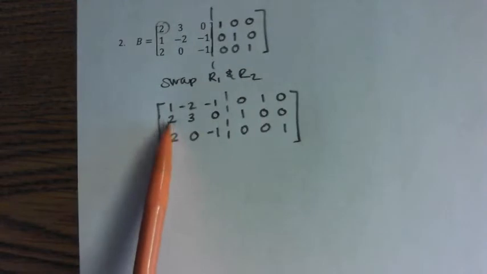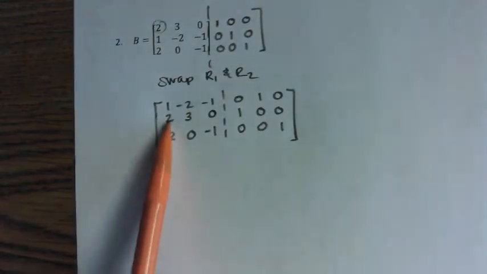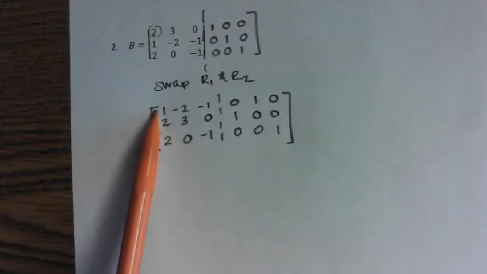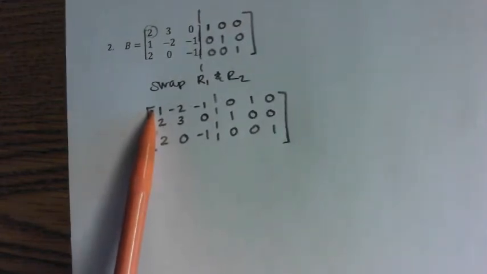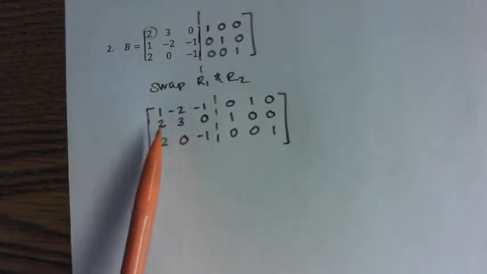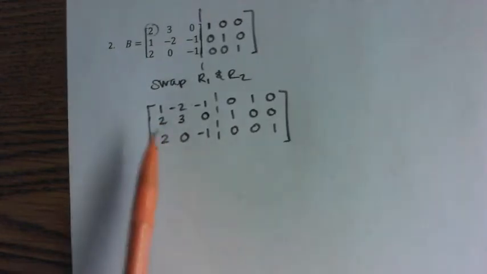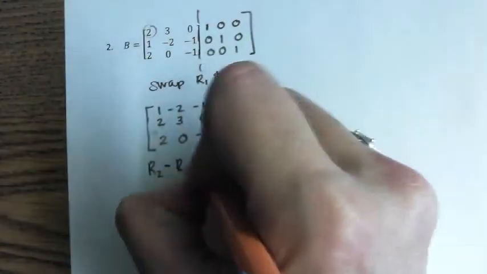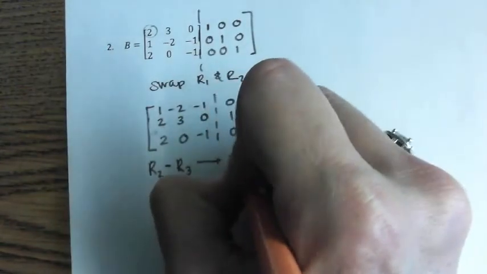I could take row 2 and subtract double this one. I could. Or, if I want to get the multiplier completely out of that, what else can I do? I can just do row 2 minus row 3, because they're both already 2's and I don't have to use a multiplier. So if I take row 2 and I subtract row 3, that's going to be my new row 2.